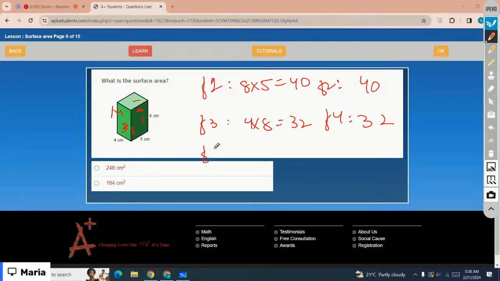So the area of the fifth side is 4 times 5, that equals 20, and face 6 is also 20. So for the surface area you need to add them all, and when you add them all, that is 184 centimeters square. Got it?